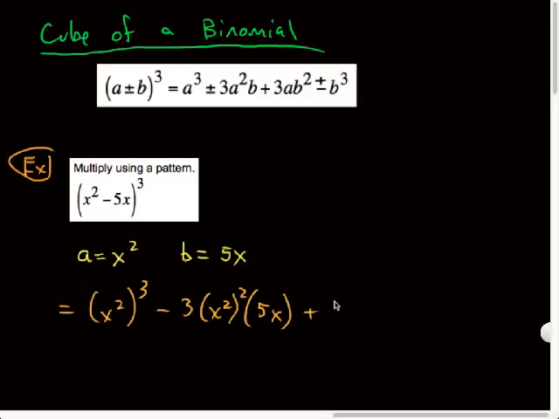Plus, because this is plus no matter which pattern I'm using, 3 times a, which is x squared, times b squared, so that's 5x all squared. And then minus b cubed, so that's minus 5x all cubed.